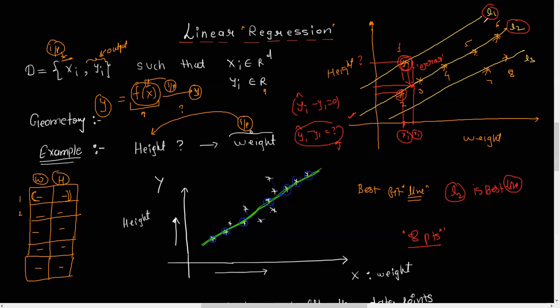That means the error is too large for L1, and for L2 the error is going to be the minimum as compared to L1 and L3. So basically best fit line is what we are trying to find out, the best line which minimizes the error. Error means what you have predicted and what was actual, that is your error actually.